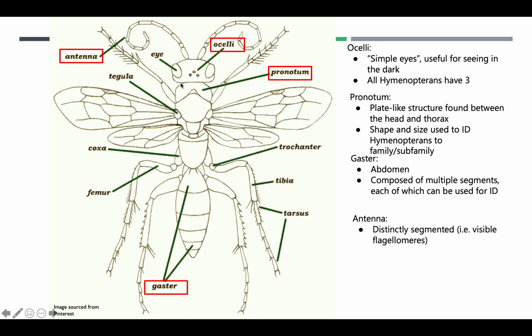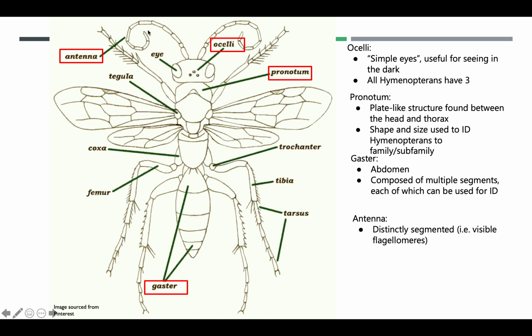Flies and wasps as well have what we call ocelli, which are these simple eyes. So all bees and wasps will look like they have 2 eyes, but they actually have 5. They are just simple eyes useful for seeing in the dark, and their shape as well as the placement on the head can give you an idea of what kind of bee or wasp it is.